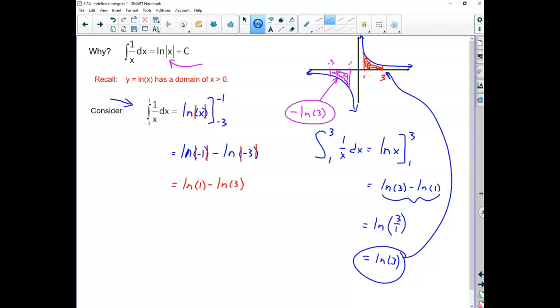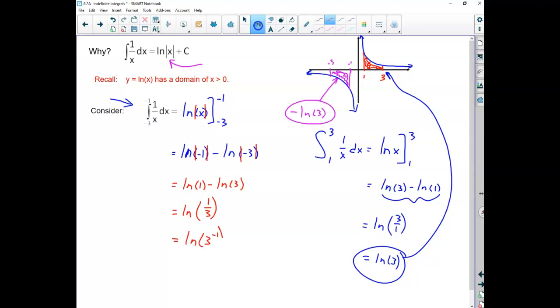And again, if I forget all this stuff, I can really see this. I know the ln of 1 is 0, so this is going to equal negative ln 3. Okay, so I can see that. But if you didn't remember the ln of 1 is 0, how are you going to get there? Same old, same old. This is going to equal the ln of the first one divided by the second one, which is the ln of 1/3.